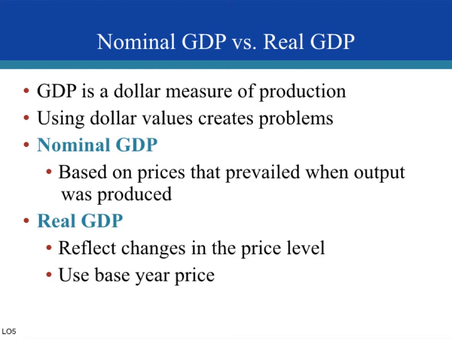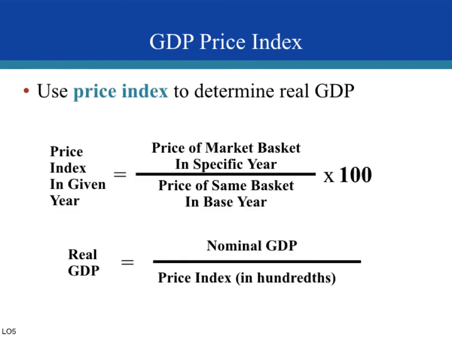Whereas with real GDP, what we do is we pick a base year and we use those base year prices for all the years after. Essentially, prices don't change, because if price is staying the same, then we can look at solely the change in quantity, and then we can really see how much the economy is producing from one quarter to the next, or from one year to the next. So we're going to use a price index to determine real GDP.